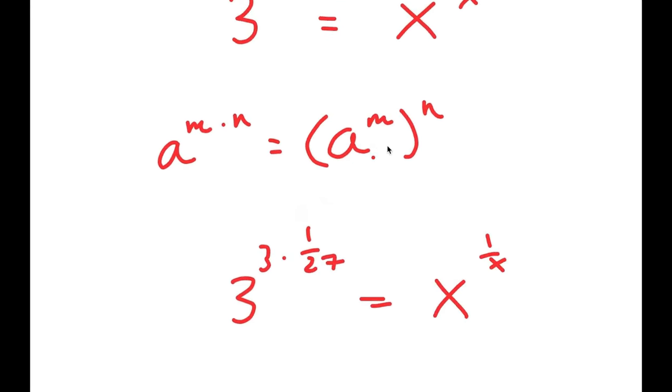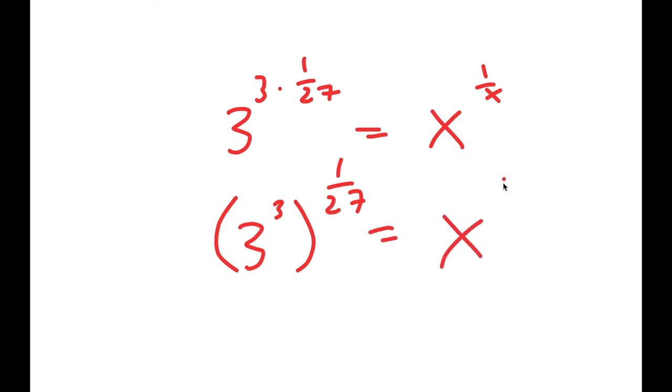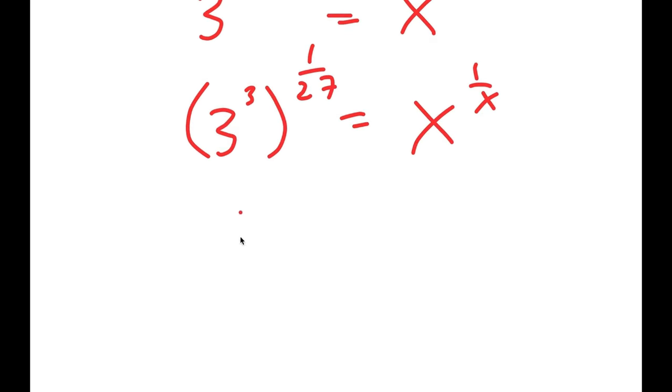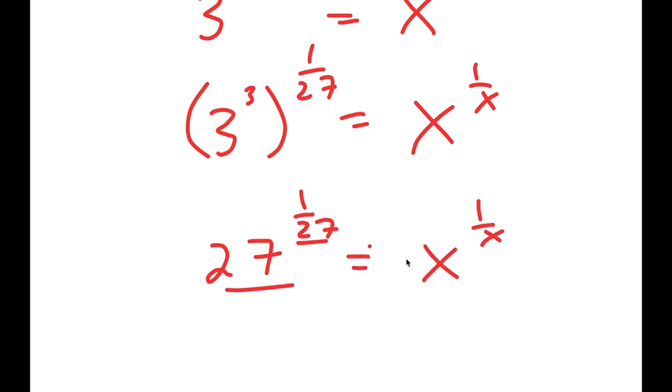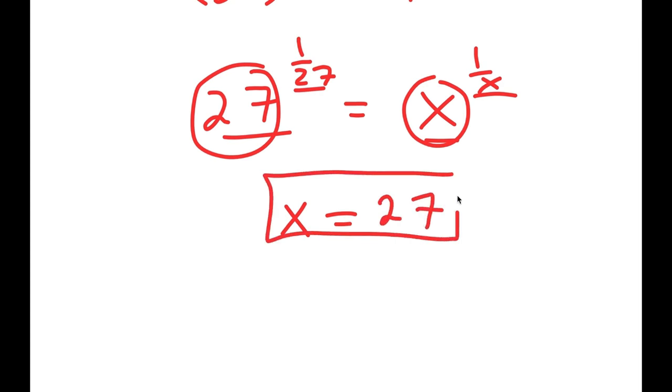And now I'm going to reverse this property and rewrite this as 3 to the power of 3 to the power of 1 over 27. Now 3 to the power of 3 is 27, so I get 27 to the power of 1 over 27 is equal to x to the power of 1 over x. And notice how these two have the same forms, meaning x is 27. So this is my solution to this equation.